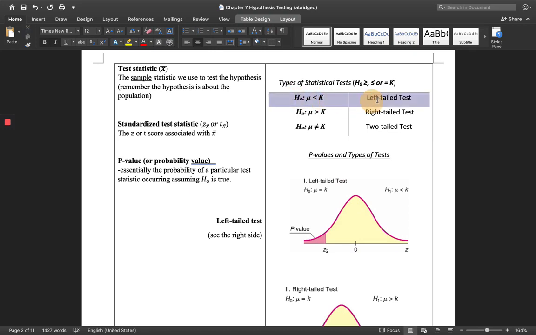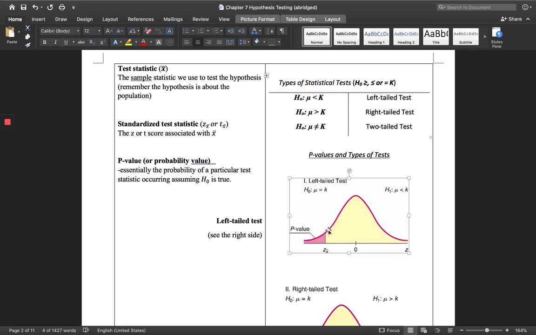So when we're deciding which tail test to look at, we actually look at the alternative hypothesis, the complement of the original H naught. So if my original H naught is greater than or equal to, that makes my alternative hypothesis less than, and so I'm going to use the left tail test.